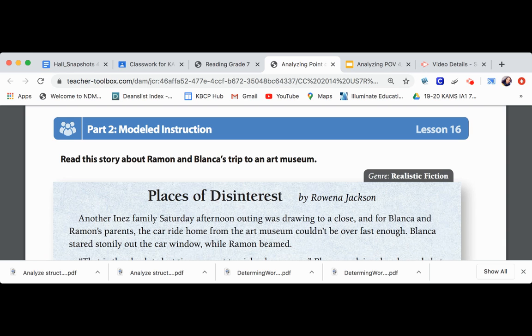And then the part that we're going to read, Place of Disinterest, is a realistic fiction story about a visit to an art museum, and the scene taken from The Good Earth comes from a classic novel. Okay, so let's get ready to start. But the question I want you to ask yourself is, how does the author contrast the point of view of the different characters?